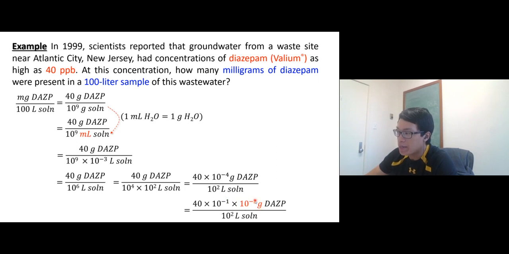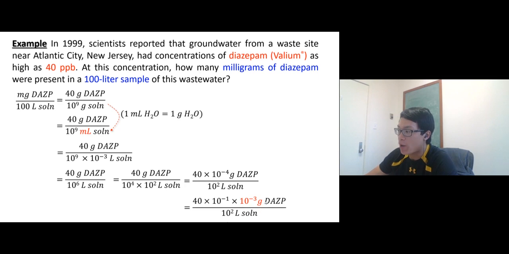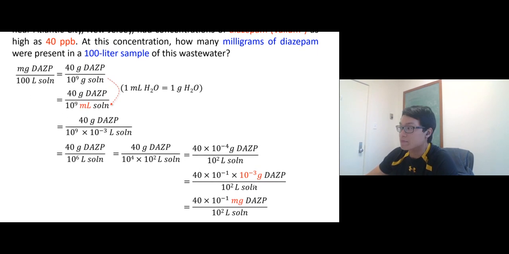That 10 to the negative 3rd gram is milligram, right? Milli means 10 to the negative 3rd. The 10 to the negative 3rd itself, that's the m, that's milli. So I do the math right here. At the top, I have 4 milligrams of diazepam per 100-liter solution. That's exactly what we want.